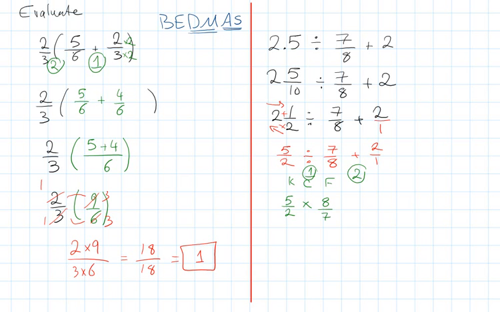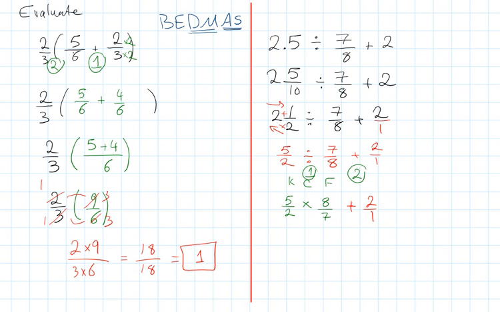And of course, the plus 2 over 1, that's not going to change, because that's where a lot of people make mistakes, when they just focus on what they're working on and forget about the rest. You shouldn't do that, because that is completely a different problem.